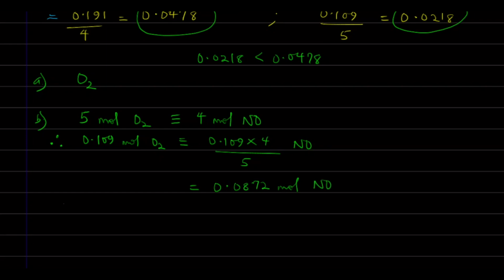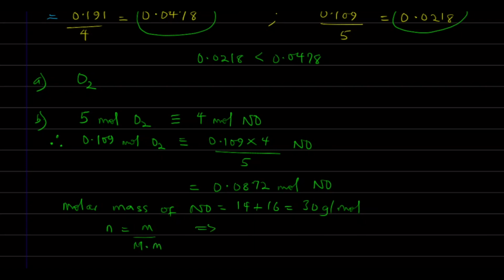That means you need to get the molar mass of NO so as to get the mass. Molar mass of NO: nitrogen is 14, oxygen is 16, and that gives us 30 gram per mole. So according to the formula, number of mole equals mass over molar mass.